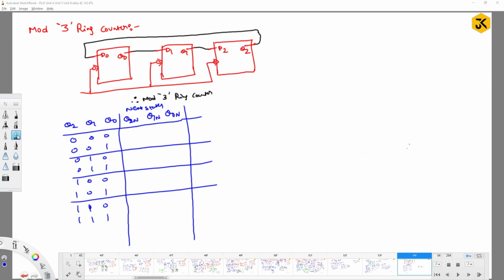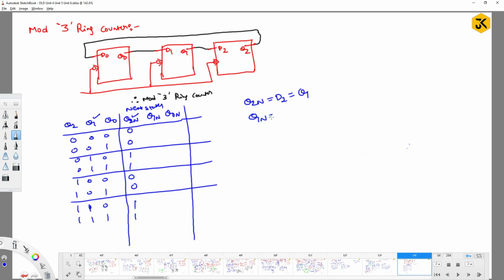So to define Q2n: the Q2n value is the value produced by D2, because here it is a D flip-flop, meaning data flip-flop, which produces after some time what is at its input. D2 is Q1, so Q2n is simply Q1: 0 0 1 1 0 0 1 1.